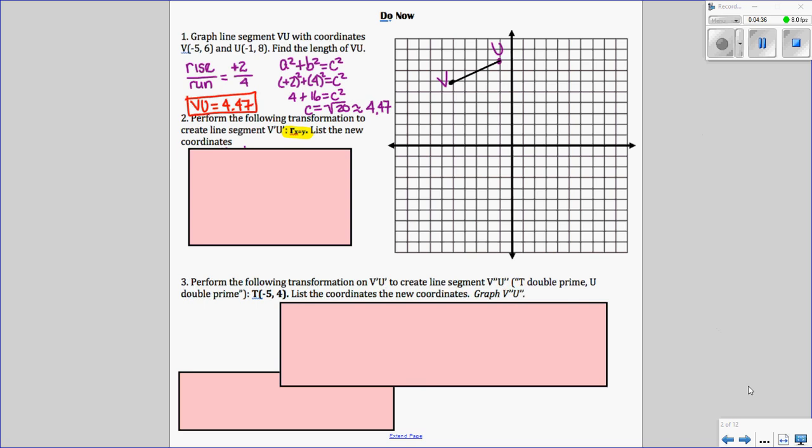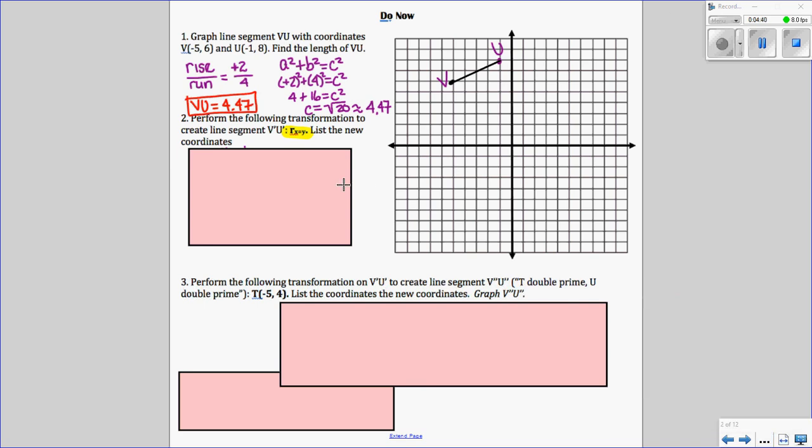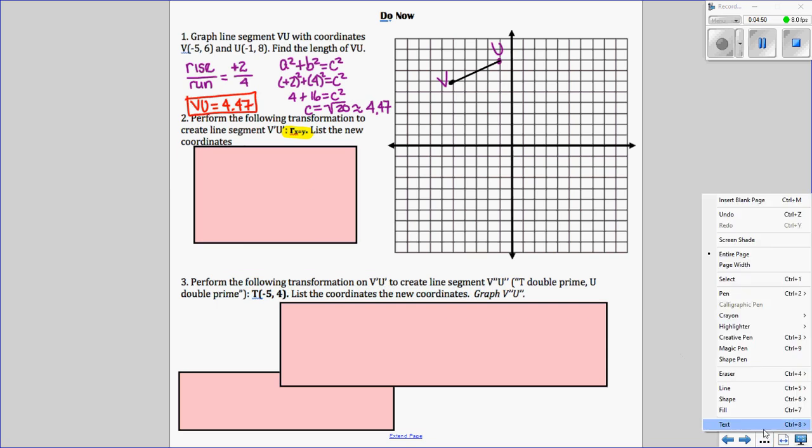All right, so for this one, we have x equals y. But before I even do that, I want to make sure, yeah, so it's y equals x.